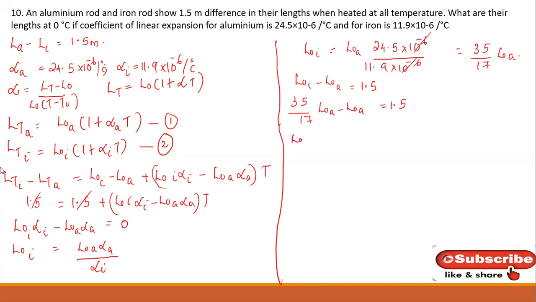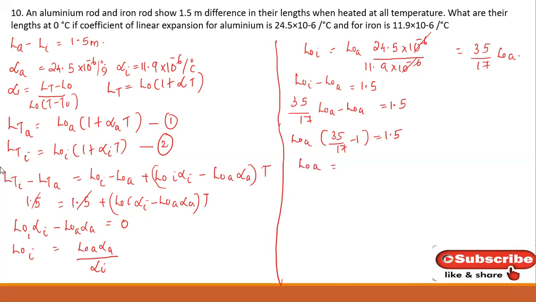So L0A we can take common, that is 35 upon 17 minus 1 is equal to 1.5. Here we can take the LCM: 35 minus 17 upon 17. 35 minus 17 is 18, so 18 upon 17.